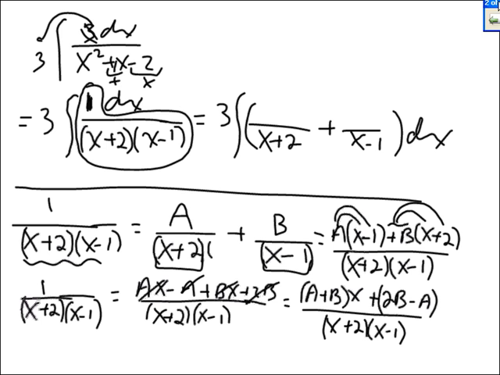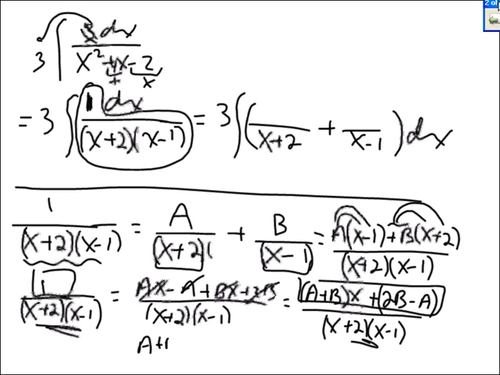Well, if the denominators are the same, and they are, well then the numerators must be equal. On the right hand side, I have a plus b x's. On the left side, I just have 1. That's no x's. It's just 1. If it was 4, it's still no x's.